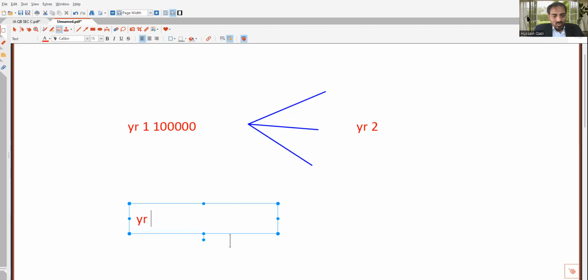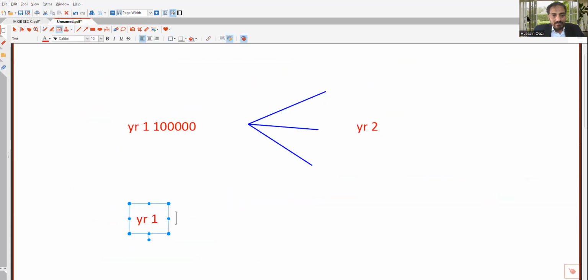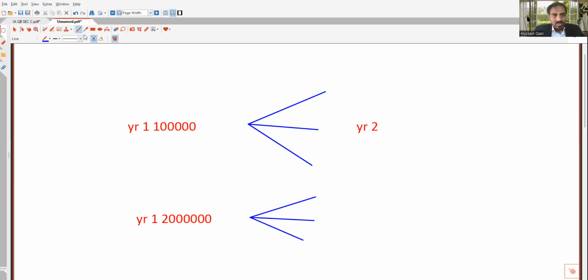Then if year 1 has 2 million cash flows, once again, there are three different possibilities of year 2.